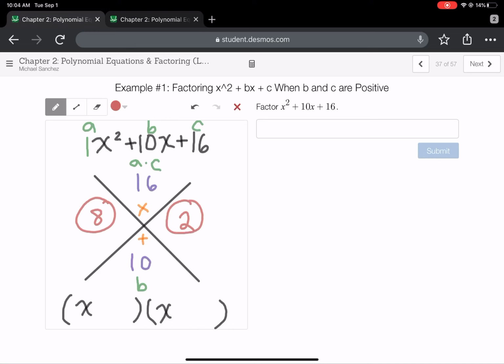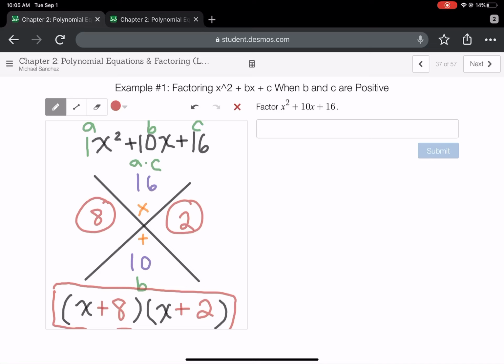So our first binomial is x plus 8, and our second binomial is x plus 2. This is our trinomial factored into two binomials, and this is our answer when it asks us to factor: the factored form of x squared plus 10x plus 16 is x plus 8 times x plus 2.